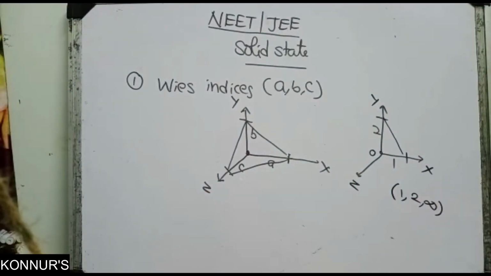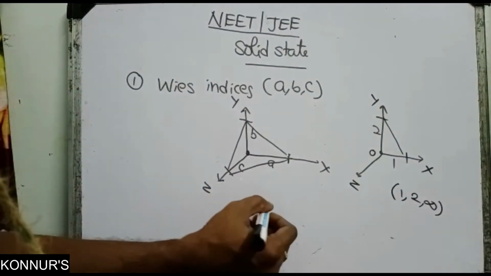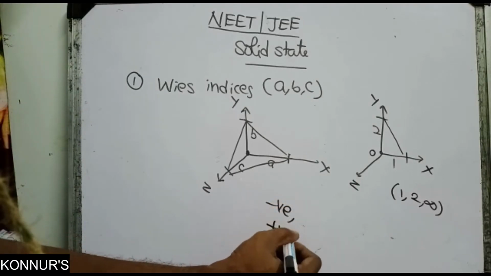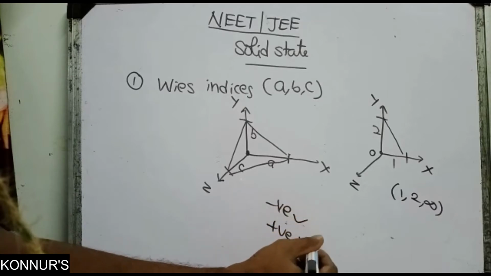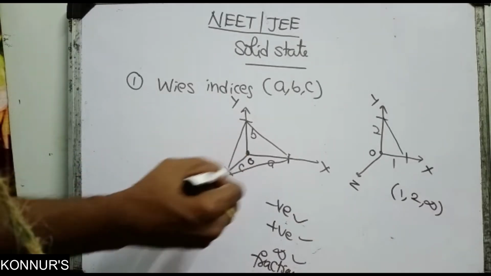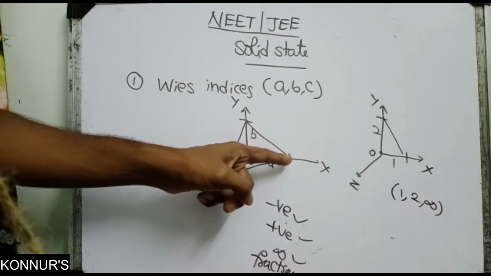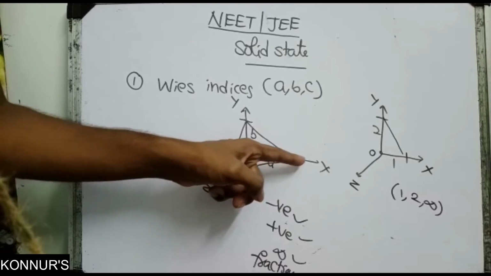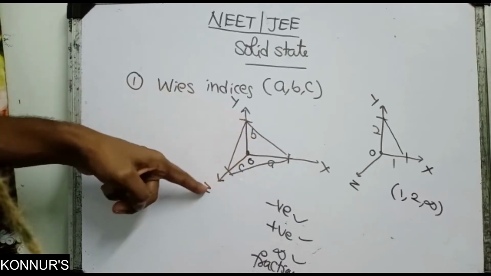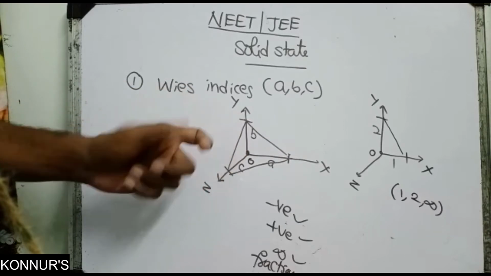So in Weiss indices, what happens? Negative values are available, positive values are also available. If nothing is constructed, an infinity value also comes. Fractional values are also observed. The meaning is that from the origin, one wall is constructed at this much distance, this wall is lifted on the y-axis, and this wall is observed on the z-axis.